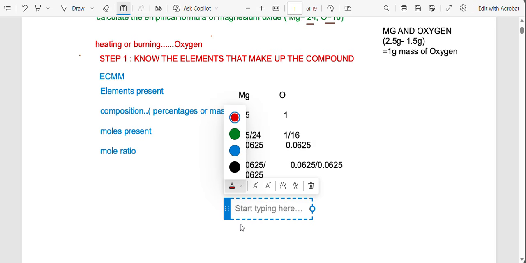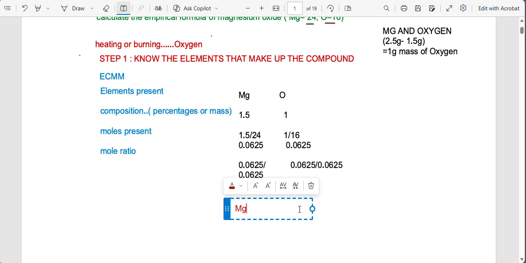You're done. What you're left with is to write your formula. Where is our magnesium? Magnesium is here. And this magnesium of ours simply has a 1.